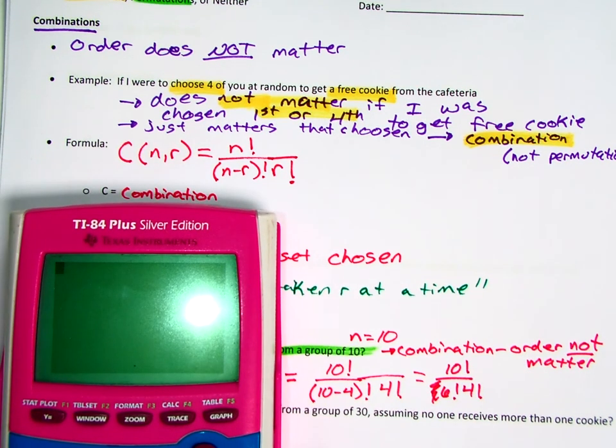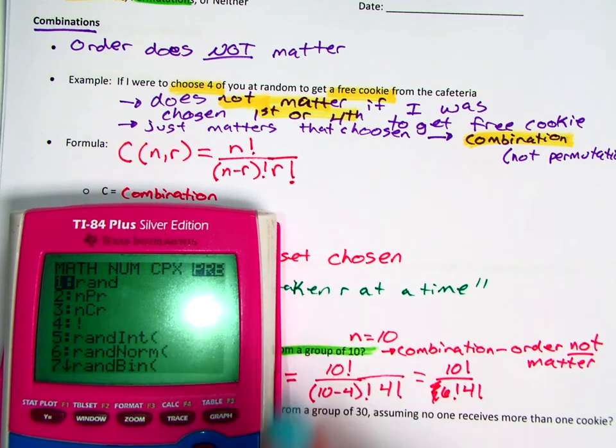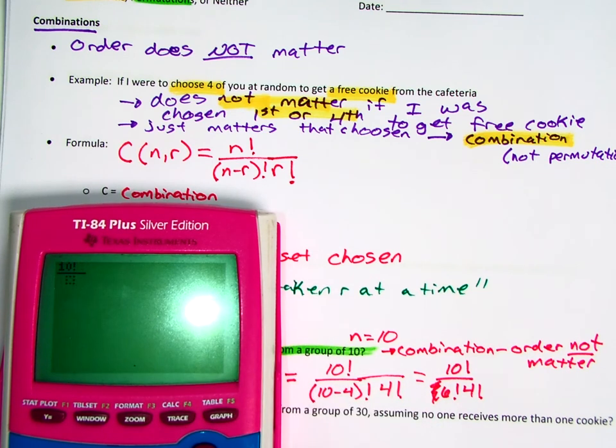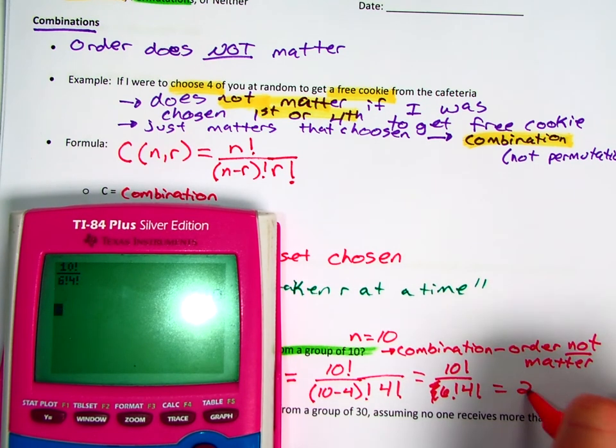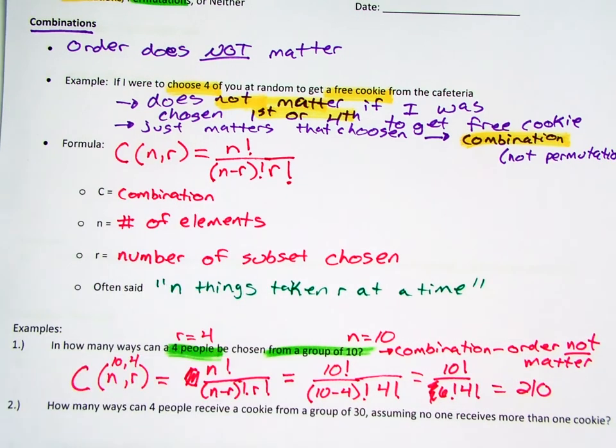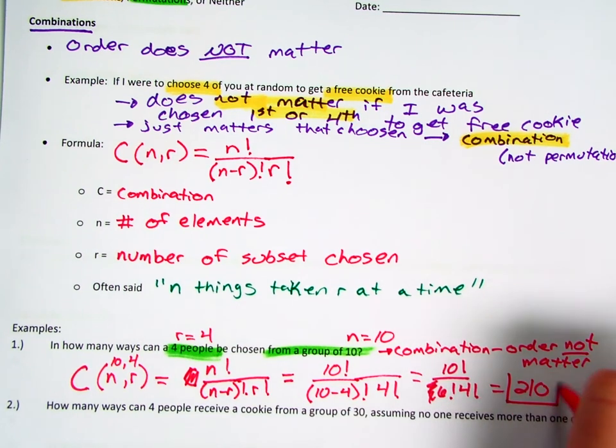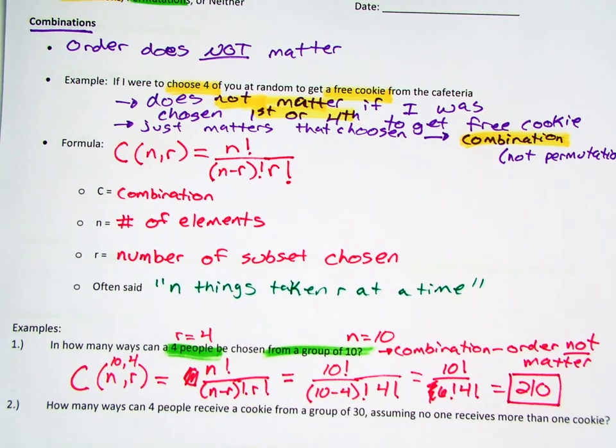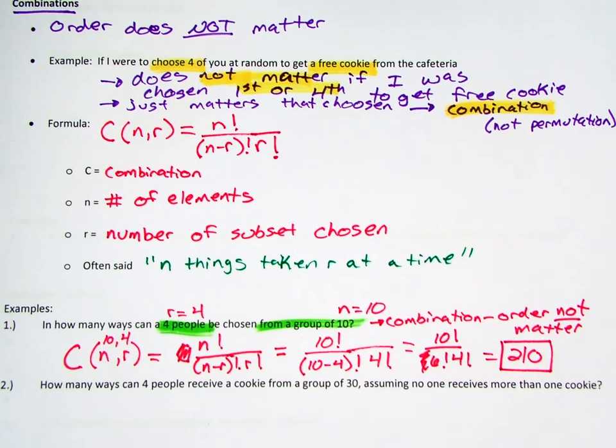I'm going to make it a fraction to make life easier, so I'm going to use my fraction button. So 10, then remember you do math, go over to probability, and down at 4 is the factorial. Then 6, again math, probability, factorial again, then 4, math, probability, factorial, which is 210. So when it says in how many ways can 4 people be chosen, there are 210 ways to choose 4 people.